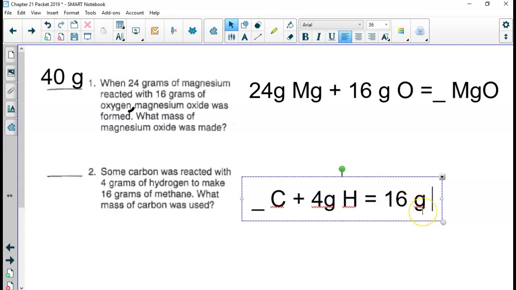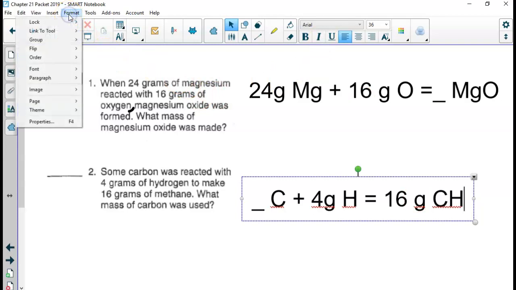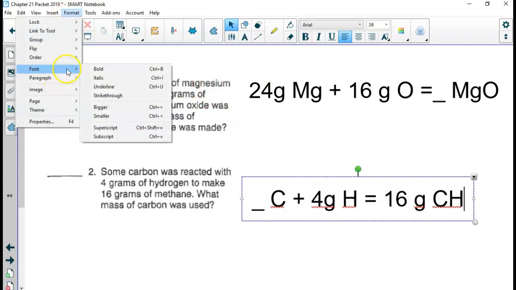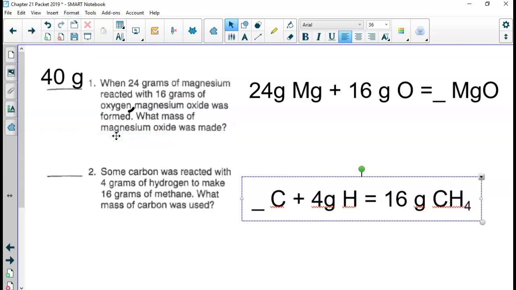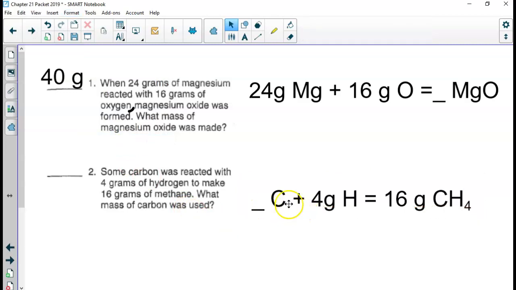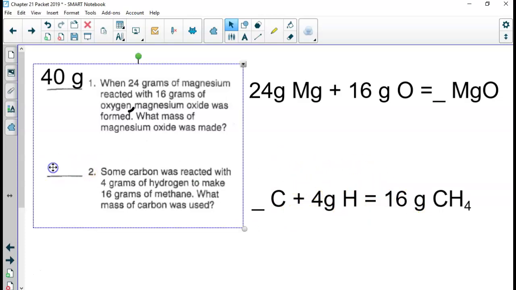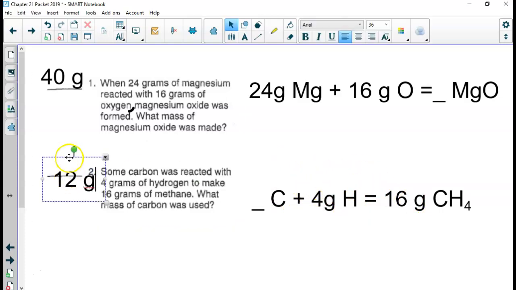I can tell you that the formula is CH4 with a little subscript 4 there. Just like that. Okay, so something plus 4 equals 16. I believe 12 plus 4 equals 16. So my answer here would be 12.